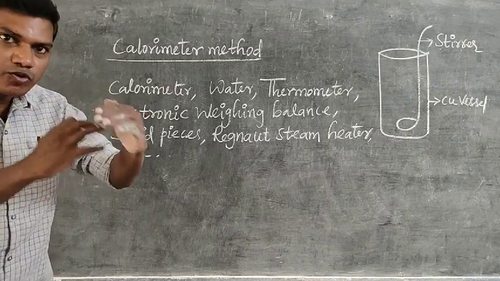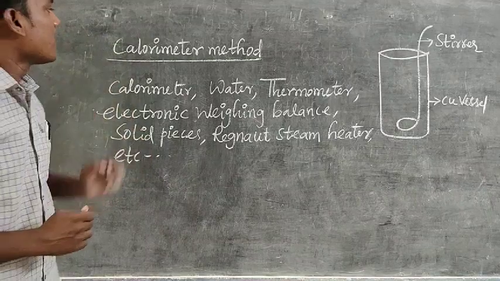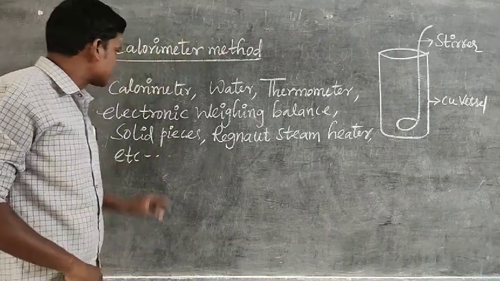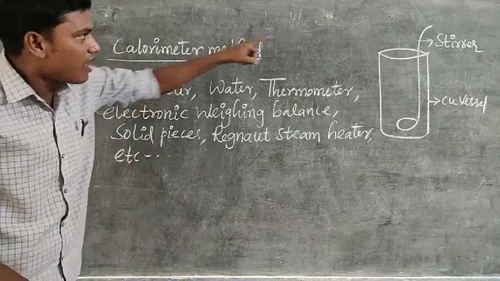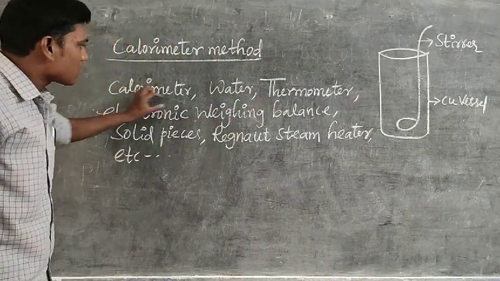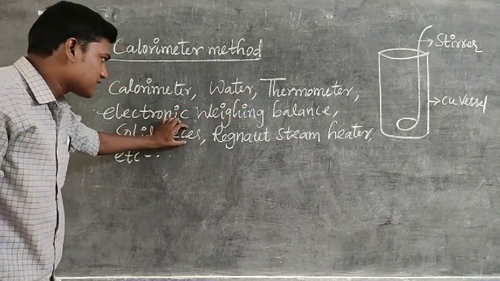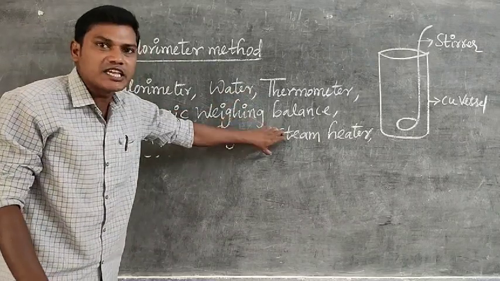To find the specific heat of a solid by using the calorimeter method, we want a calorimeter along with the stirrer, water, thermometer, electronic weighing balance or physical balance, solid pieces, and Regnault's steam heater.